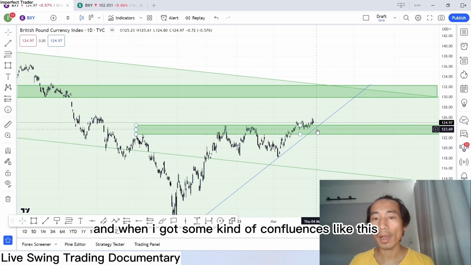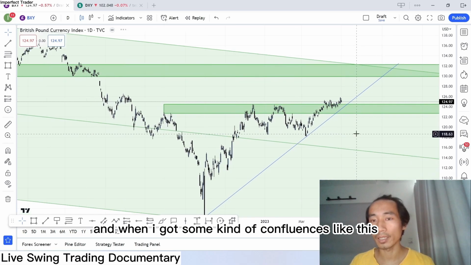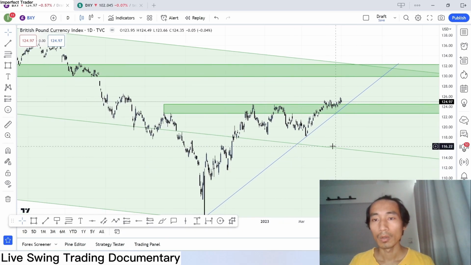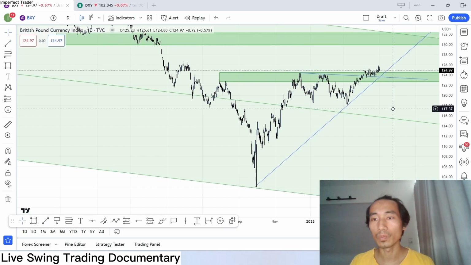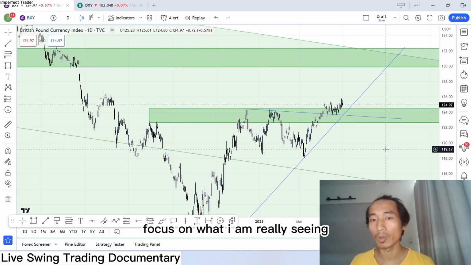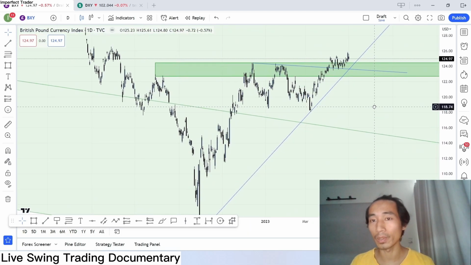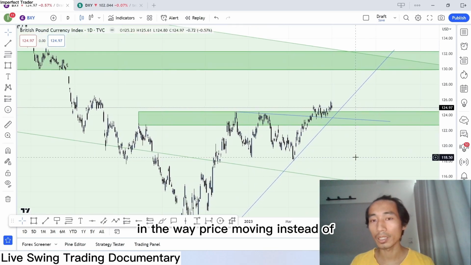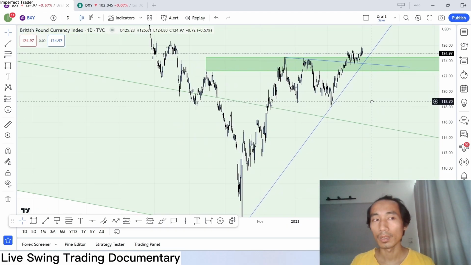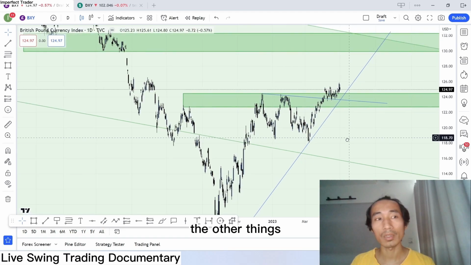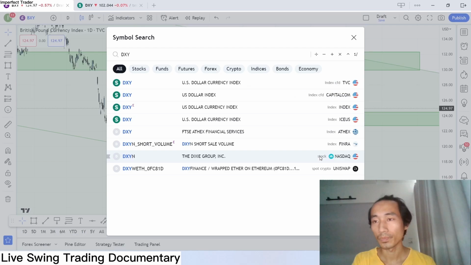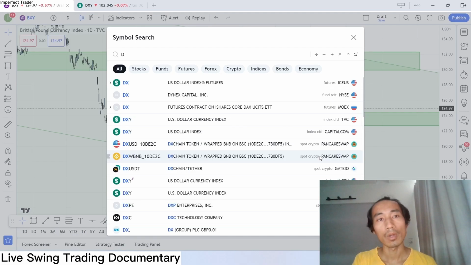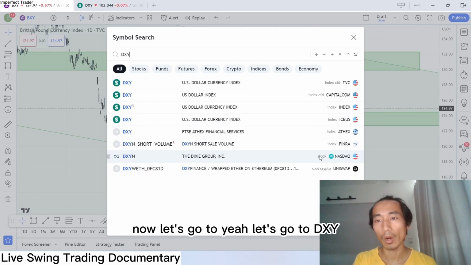And when I get some kind of confluence like this, I'm going to focus on what I am really seeing in the way price is moving instead of the other things. Now let's go to DXY.